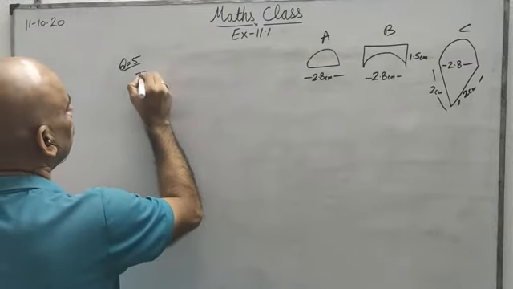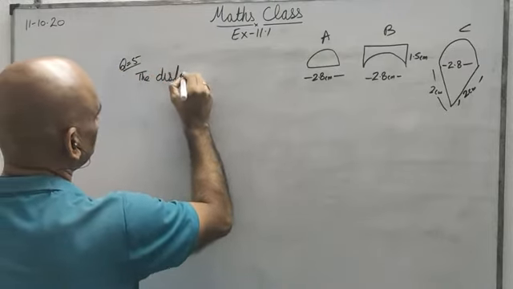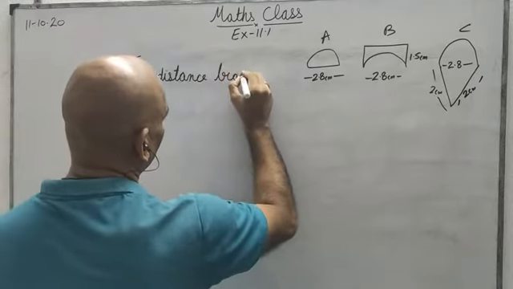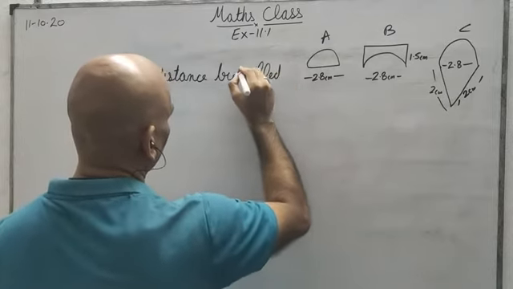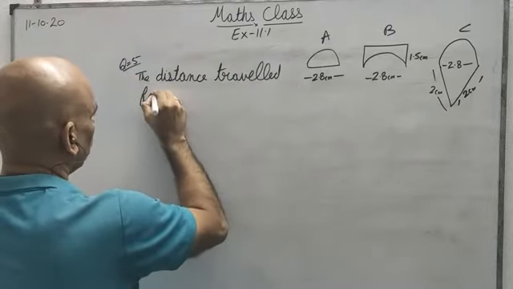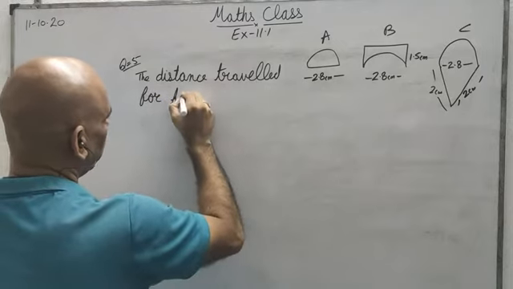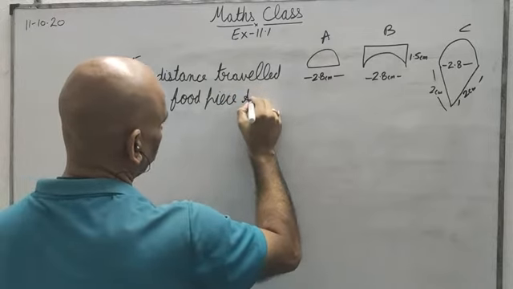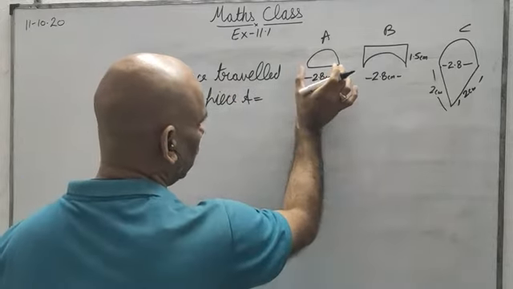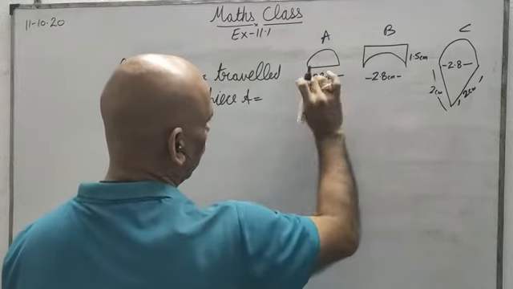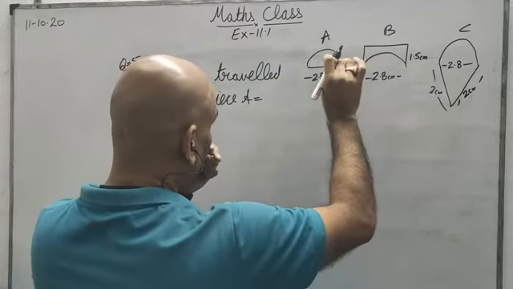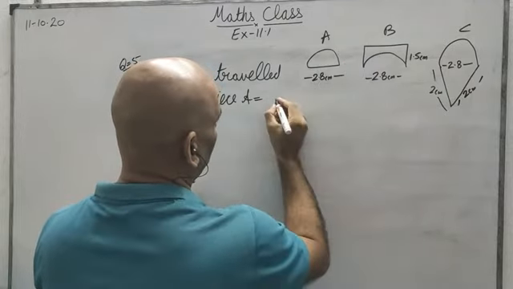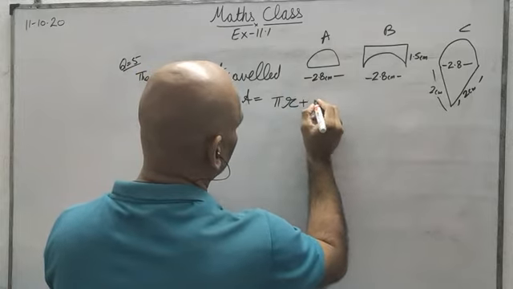So the distance traveled for food piece A. Now what I'll have to calculate, this is the diameter D and this is the circumference of a semicircle. What is the circumference of a semicircle? The full one is 2 pi r, so half will be pi r. So pi r plus d.